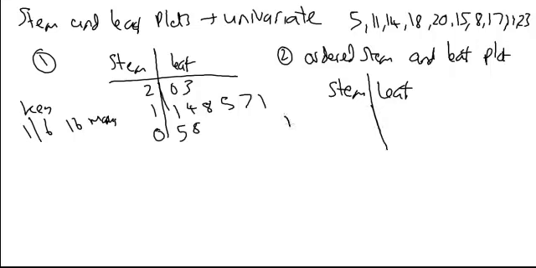The key is the same: 1 | 6 is 16 marks. And the leading digits are going to be the same, so 0, 1 or 2. This is 20 to 29, 10 to 19, 0 to 9. The difference here is going to be that we actually order them, hence ordered stem and leaf.